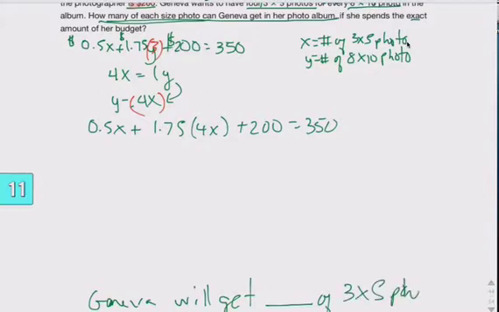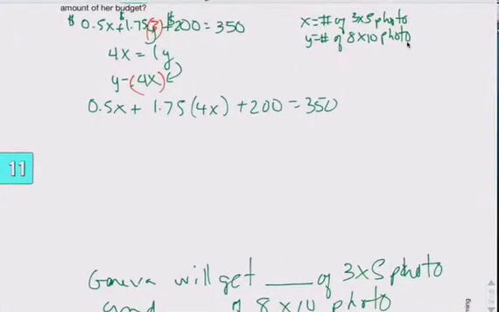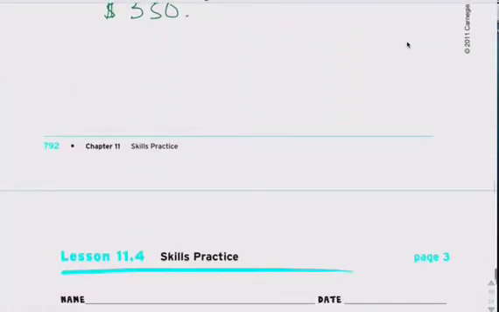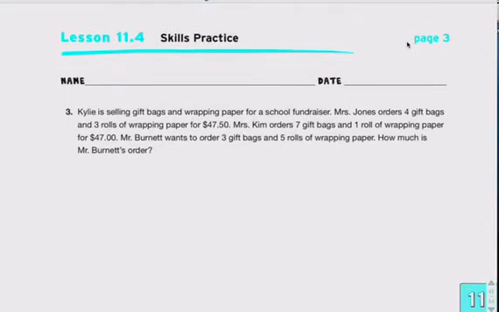I don't know what the answer is, but, and blank of the 8 by 10 photo for $350. Okay. You need to answer that question.